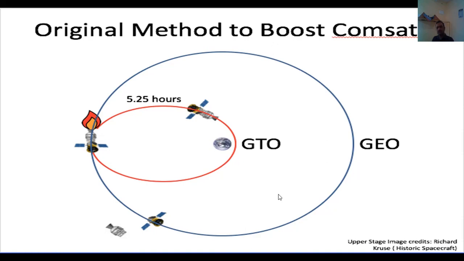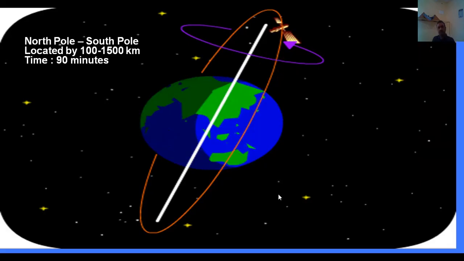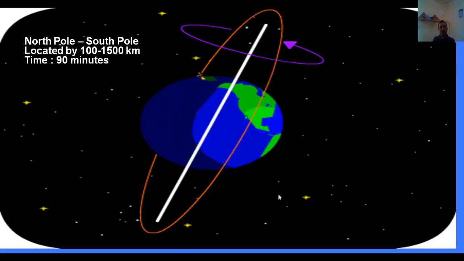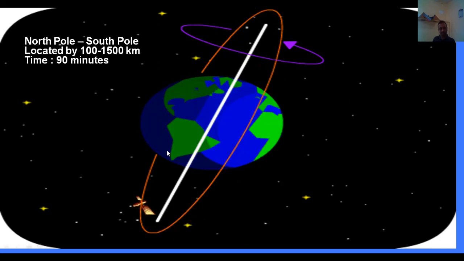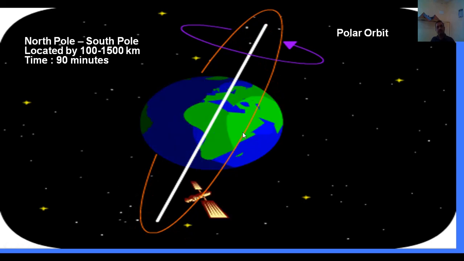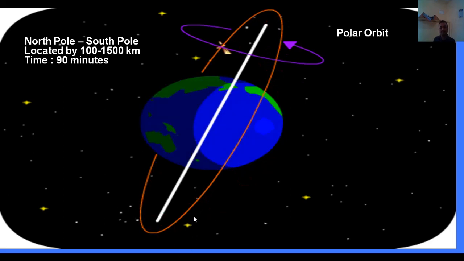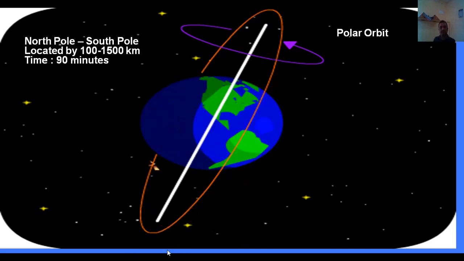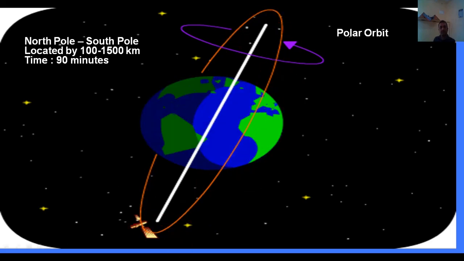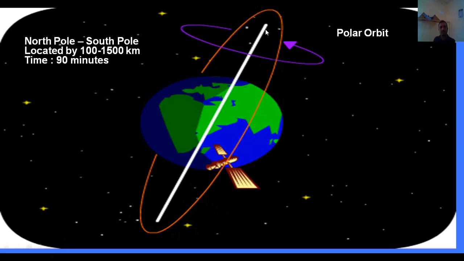Next one, what is the polar orbit? This is the polar orbit. In this polar orbit, the satellite passes close to the geographic poles, north pole and south pole.